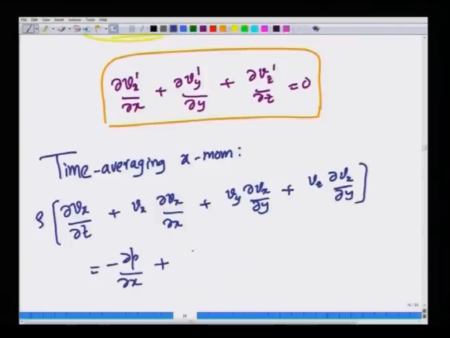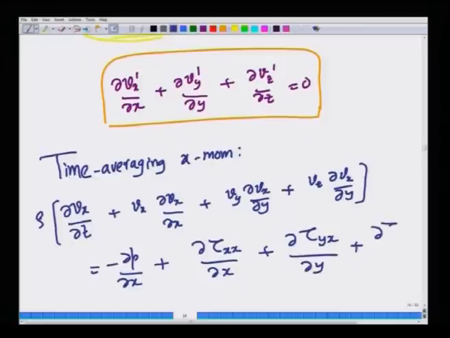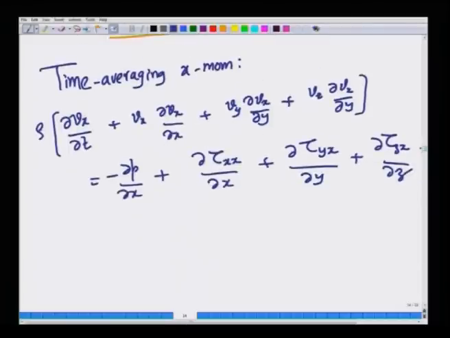Plus you have, now I am going to write my expressions in terms of only the stresses, and the reason for this will become clear a little later. I am not going to use the Newtonian constitutive law. I am going to write the Navier-Stokes equation before substituting the constitutive relation for the stresses. This is what we call the Cauchy momentum equation.